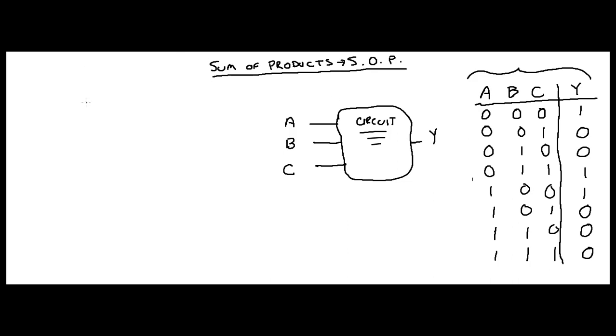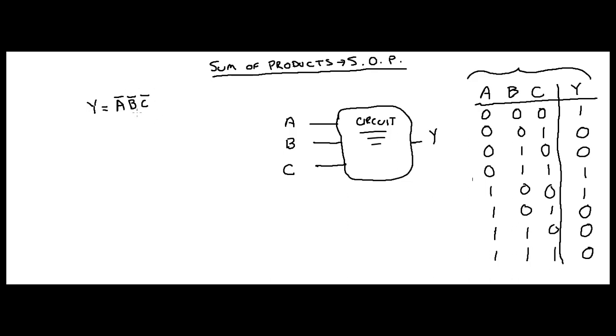So what we're saying is the output is equal to 1. So we can say that Y, right, we're saying that's when it's 1. That's going to be 1 when A and B and C are 0, right?